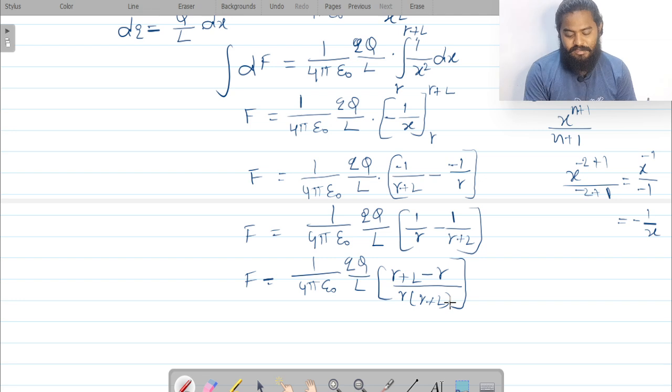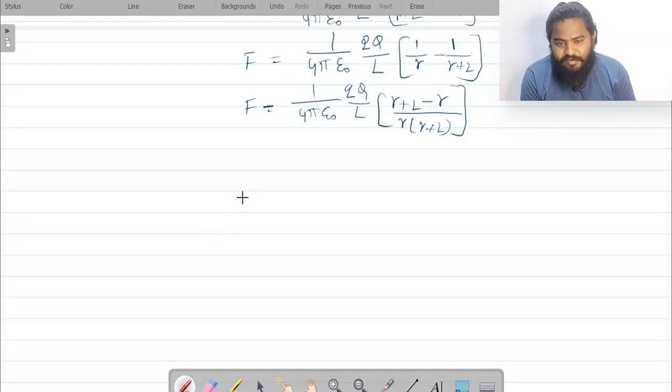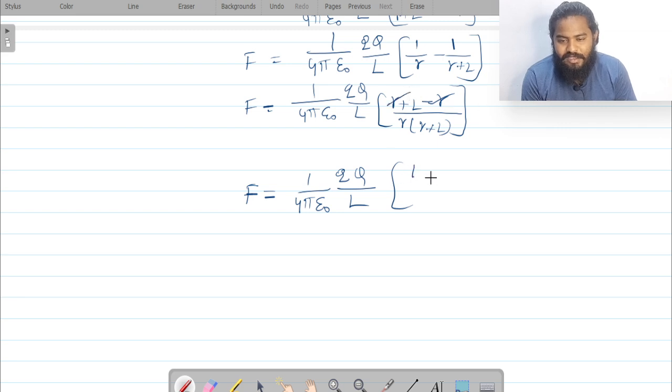This is the equation for the force between the charged particle and a uniformly distributed rod. 1 by 4 pi epsilon naught small q capital Q by L into, here R plus and minus R cancel, leaving L by R into (R plus L). And this L gets cancelled.